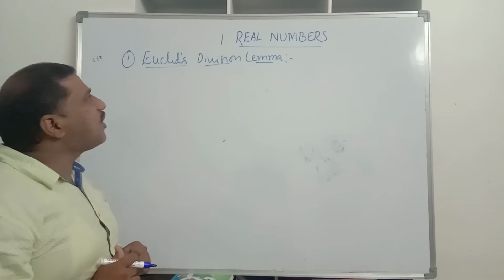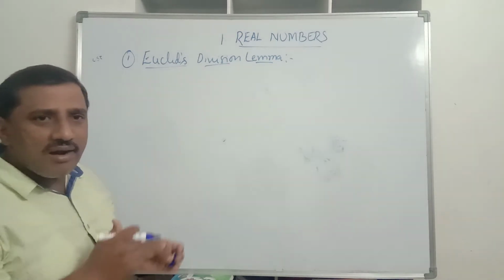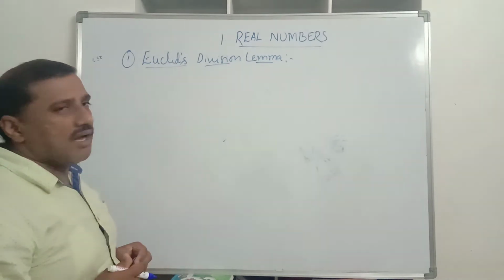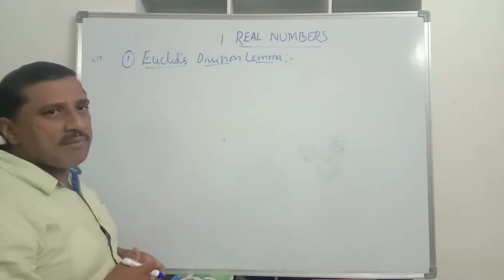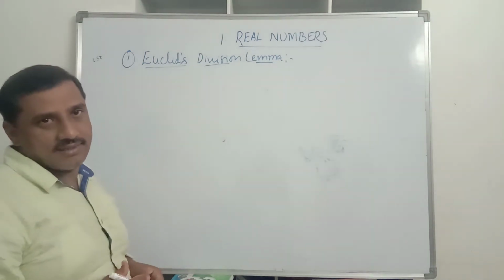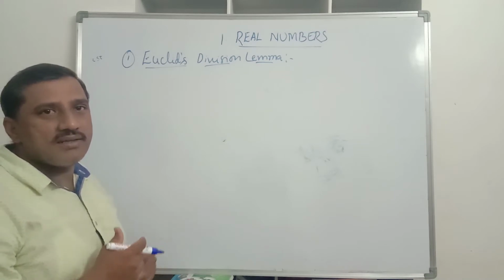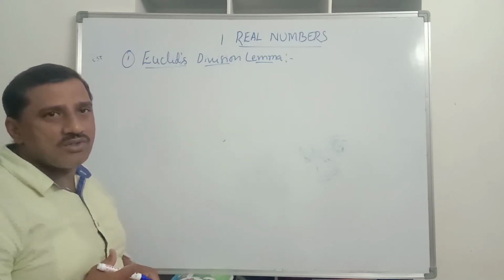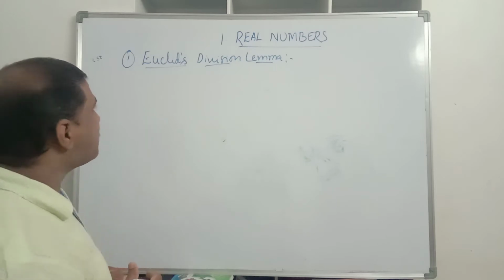Now what is Euclid's division lemma? We have already come across this division lemma with another name, the division formula in arithmetic in the lower classes. We will come across it in the polynomials chapter also, the division algorithm of polynomials.